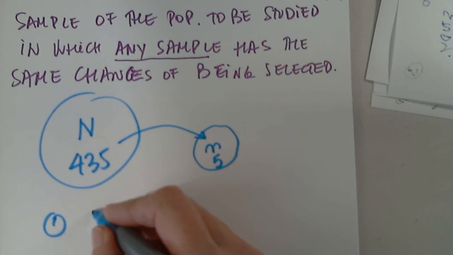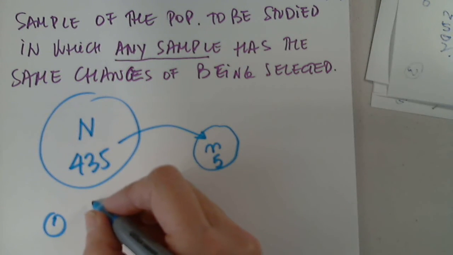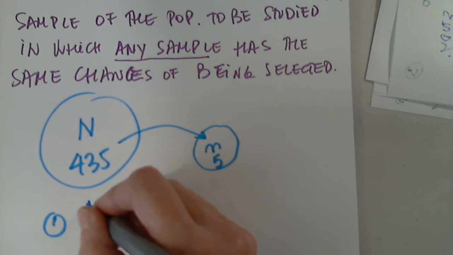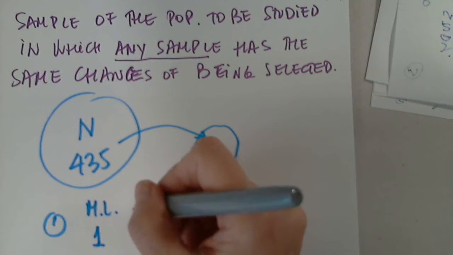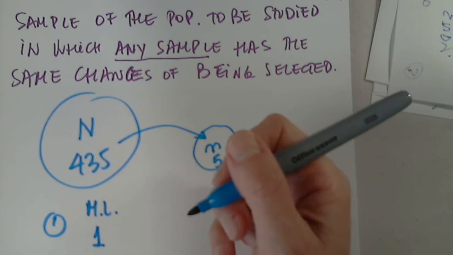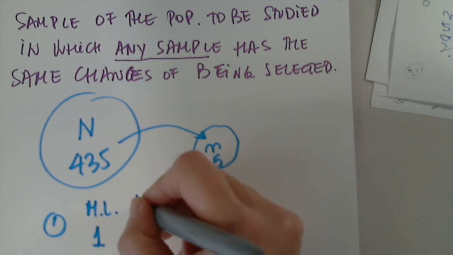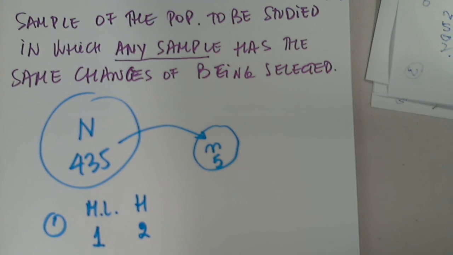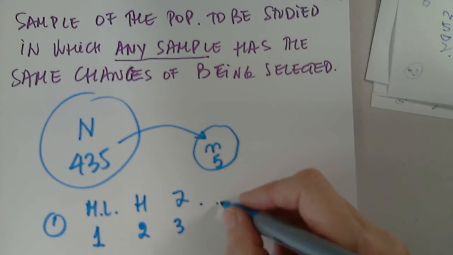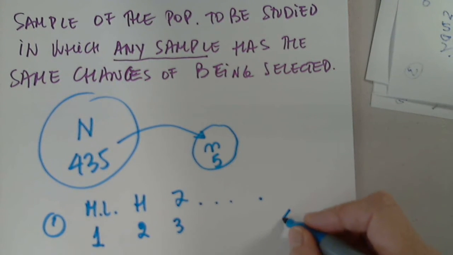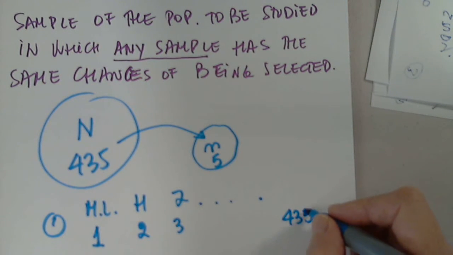So the first individual, let's say named Mani Khalid, gets number 1. The next, Hannah, gets number 2. Let's say Jasmine is number 3, and so on and so forth, till the last one gets 435.